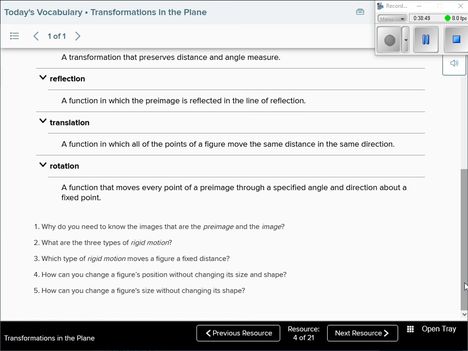So which one just moves this a fixed distance? A slide or translation. How can you change a figure's position without changing its size and shape? Reflection. All of them, right? That's what makes it a rigid motion. How can you change a figure's size without changing its shape?